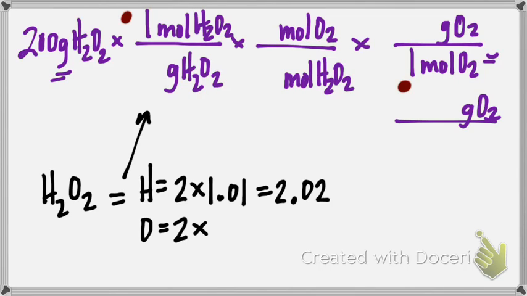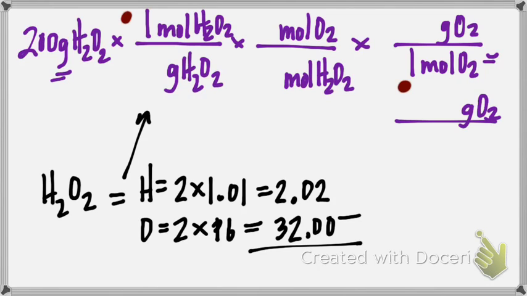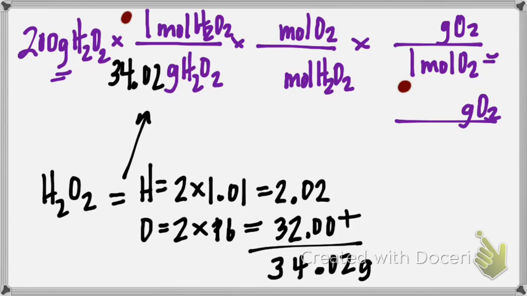Then I look and I find the mass of oxygen, which is 16. I multiply it by 2, and I'm going to get 32. Then I'm going to take both of those, I'm going to add them together. So my molar mass of H2O2, 1 mole of it, is 34.02 grams.